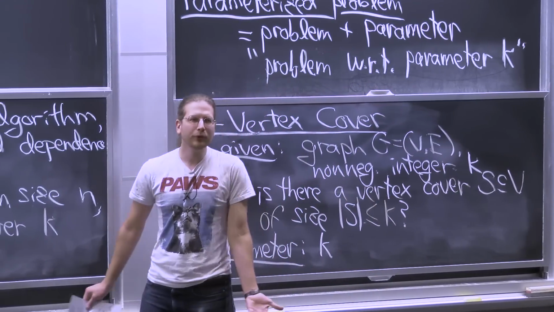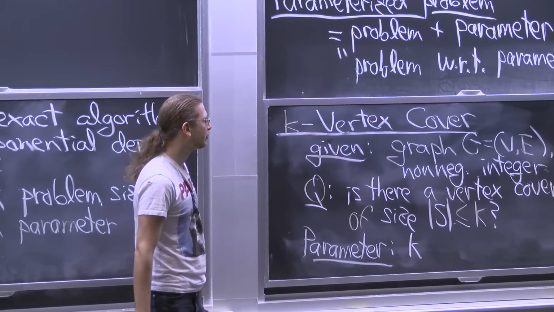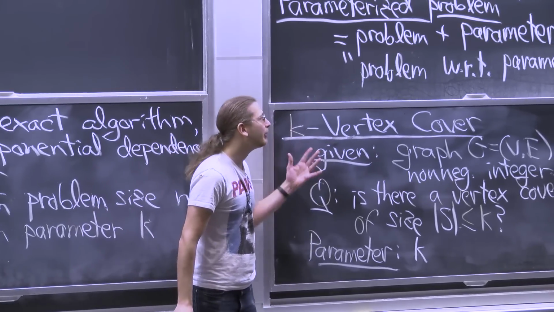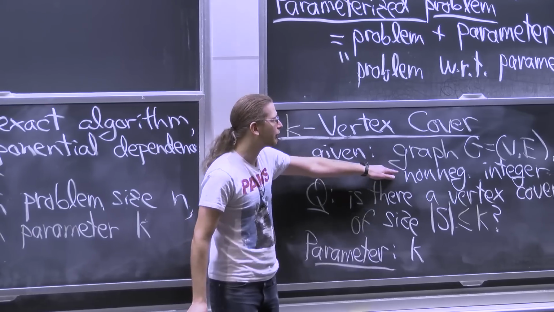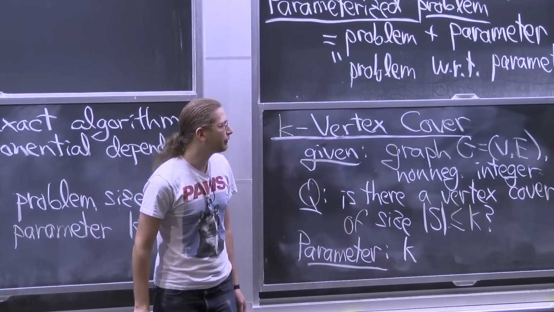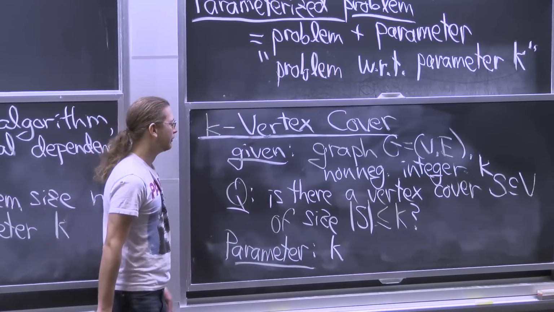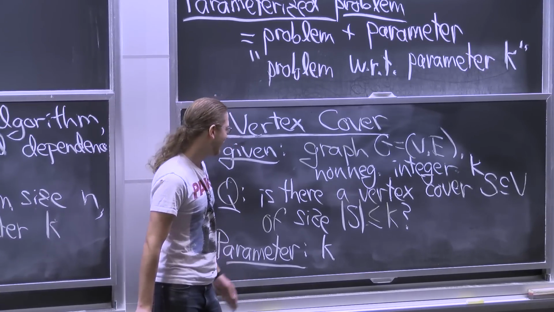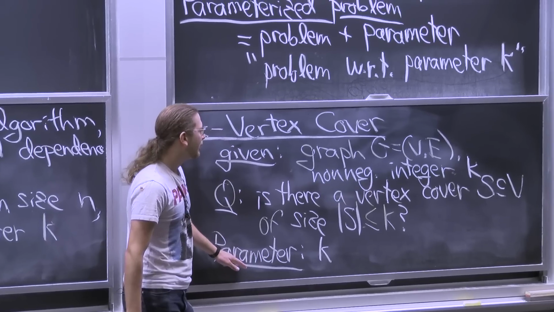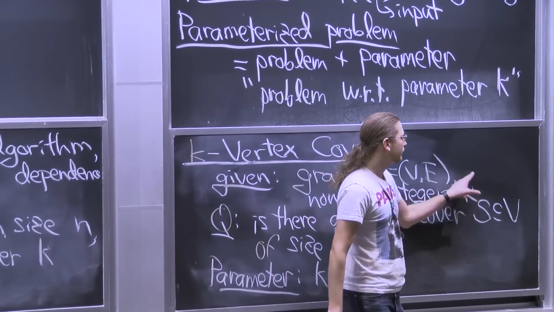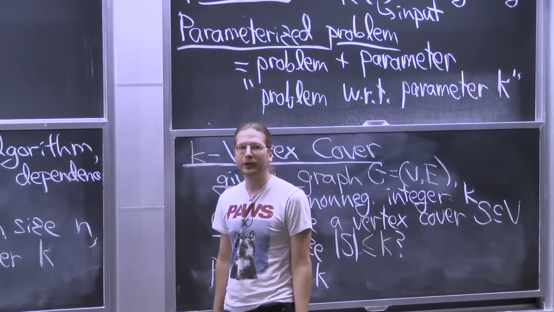Okay, and a lot of problems, especially decision versions of optimization problems, like before we were minimizing the vertex cover, this is the decision version where we want to decide whether there's one of size at most k. If you can solve this, of course, you can binary search on k, like you did in your quiz, hopefully. So that's all good. And a lot of problems have some non-negative integer floating around.